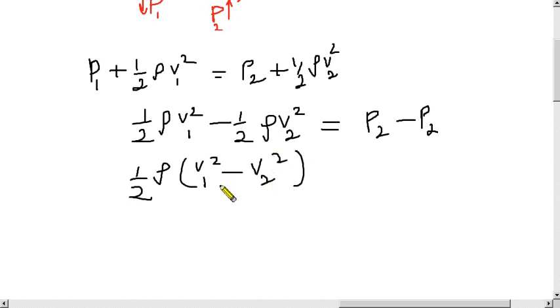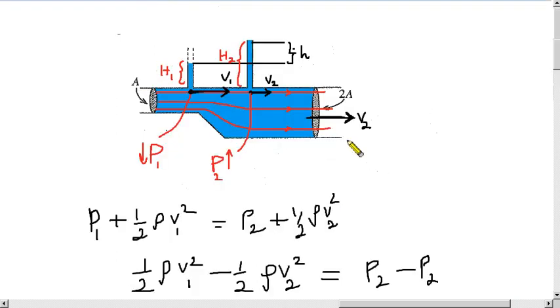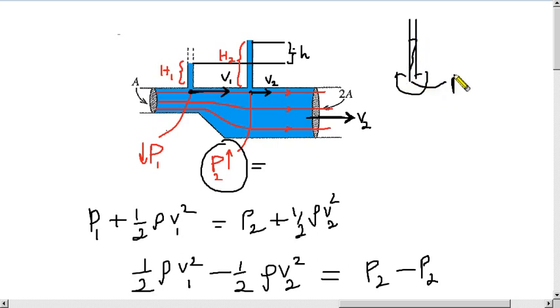That part goes the same way, but what is P2? P2 is the pressure. How do we find it? Because we have a pressure meter here. A water column is a pressure meter. So how do we get the pressure from a water column or mercury column? If it is mercury, we know the pressure at the bottom is H rho g, where rho is the density of this liquid.